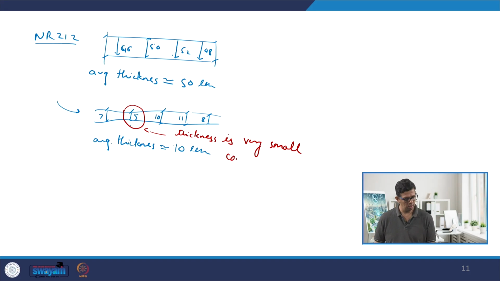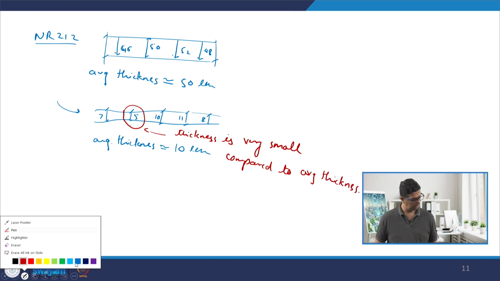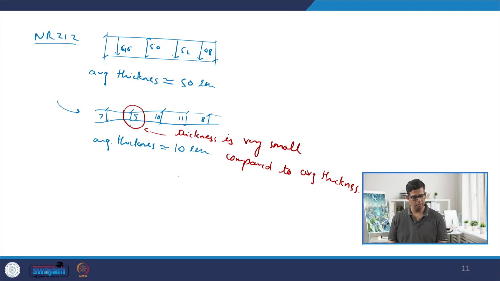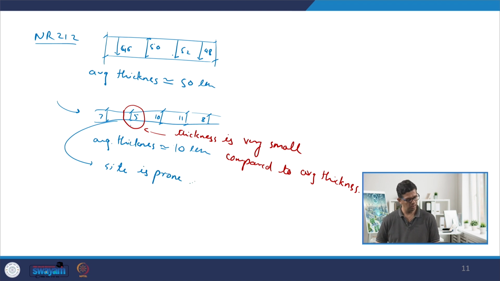And where does it lead to? As we know, the protons are generated at the catalyst layers at the respective sites. So, where we have a lower thickness, we can expect hot spots. So, this site is prone to hot spots.